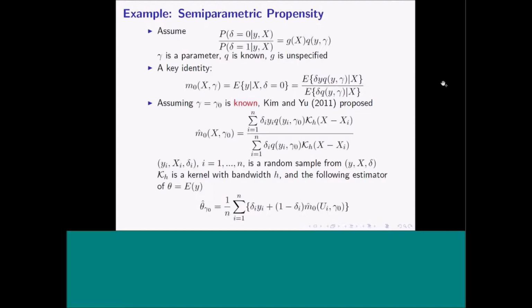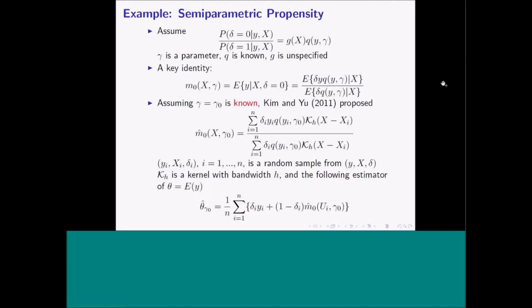After we assume this kind of propensity, this is semi-parametric. A key result is that we can estimate the conditional expectation of Y given X for the non-response, delta equal to 0.